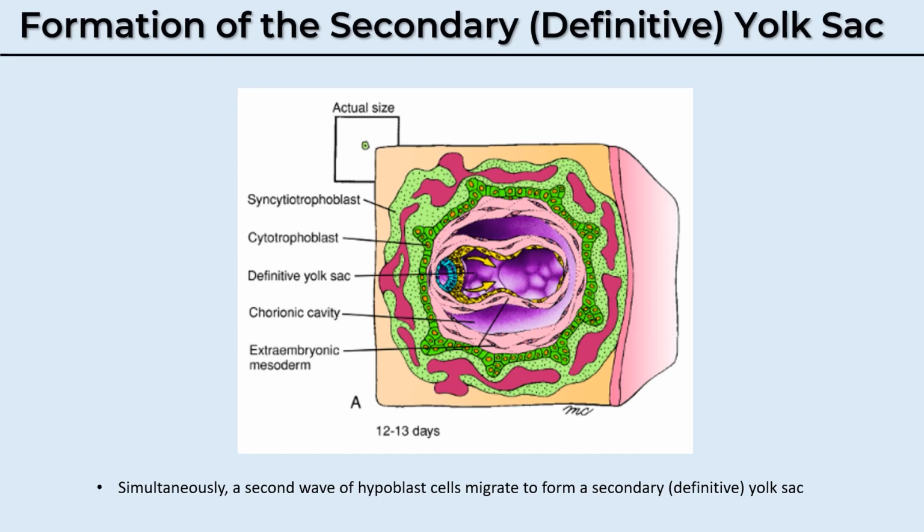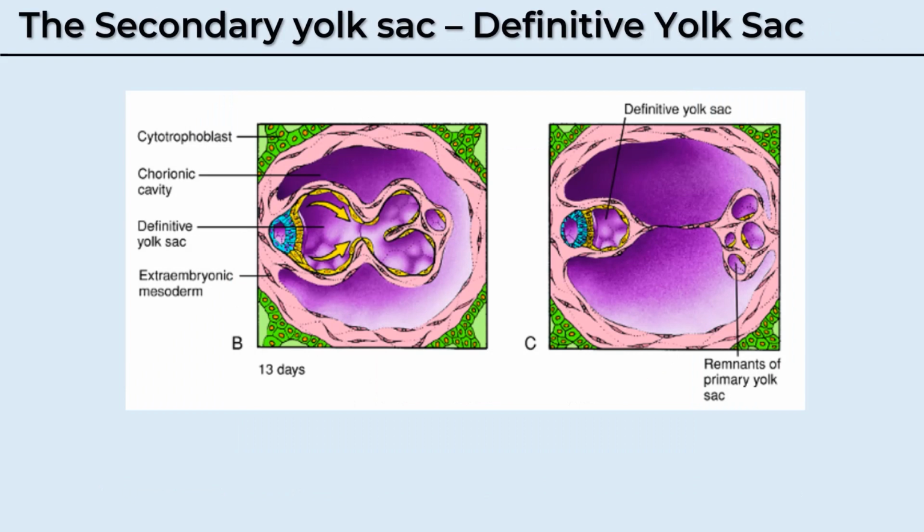And as they continue over the next 24 to 48 hours, these hypoblast cells are going to continue to migrate more and more, and as they are doing so, they are leaving essentially the rest of the inner cell mass. So they are removing themselves from the inner cell mass, and they are going to form a secondary or definitive yolk sac, and the remnants are going to be expelled towards the outside of the chorionic cavity.